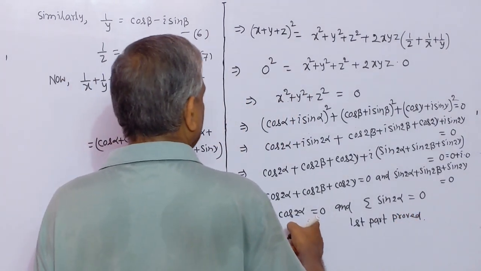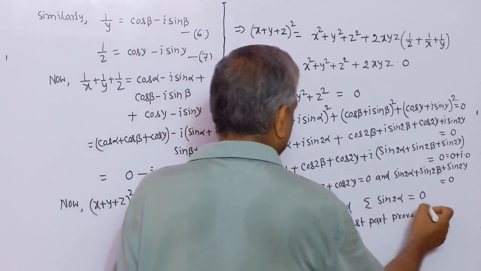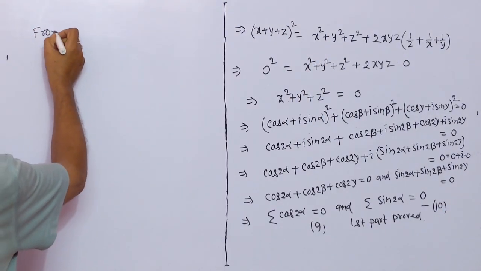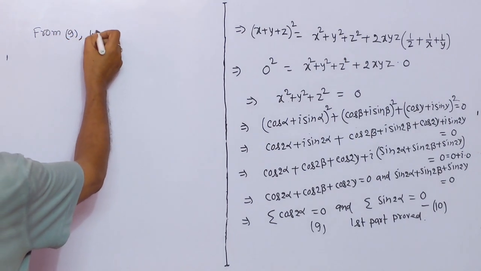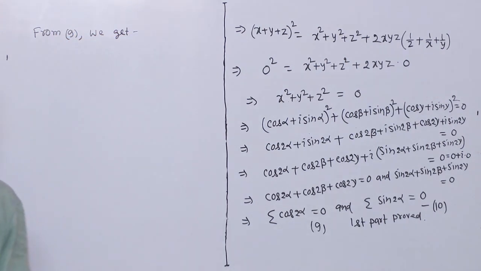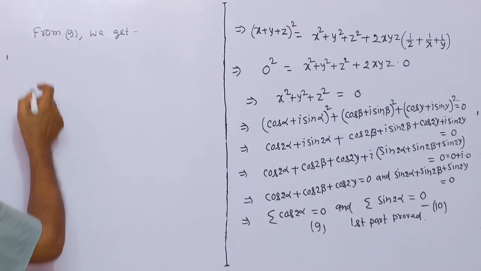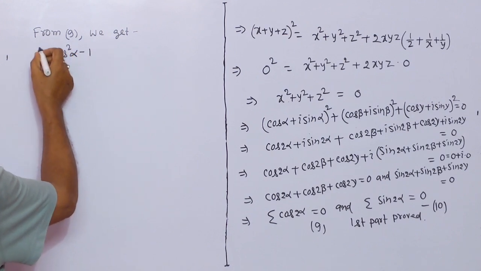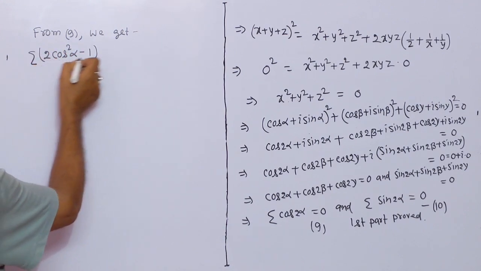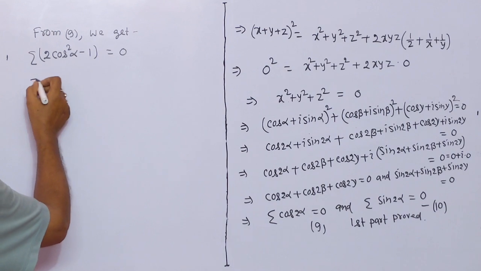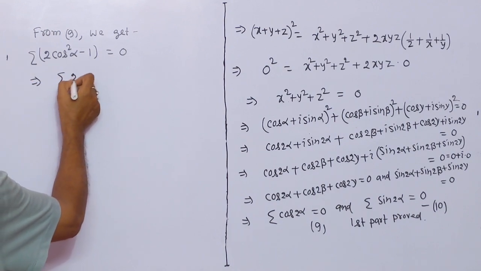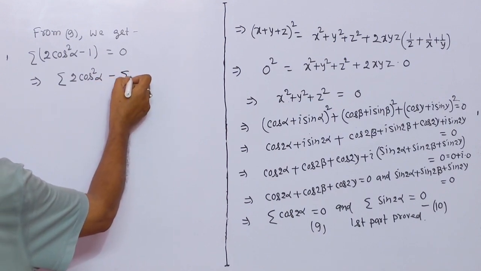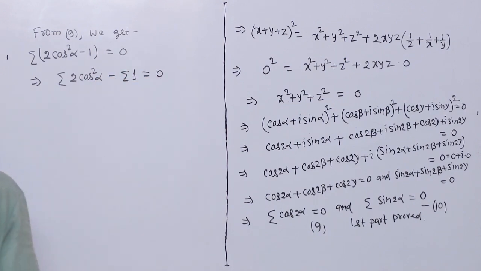Let this be number 9, this is number 10. From 9, we get cos 2 alpha means 2 cos square alpha minus 1, and sigma equal to 0 implies that sigma 2 cos square alpha minus sigma 1 equal to 0.